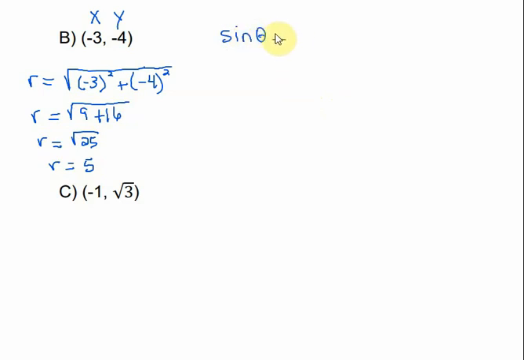Sine of theta is y over r, so -4 over 5. Cosine of theta is x over r, so -3 over 5. Tangent of theta is y over x.